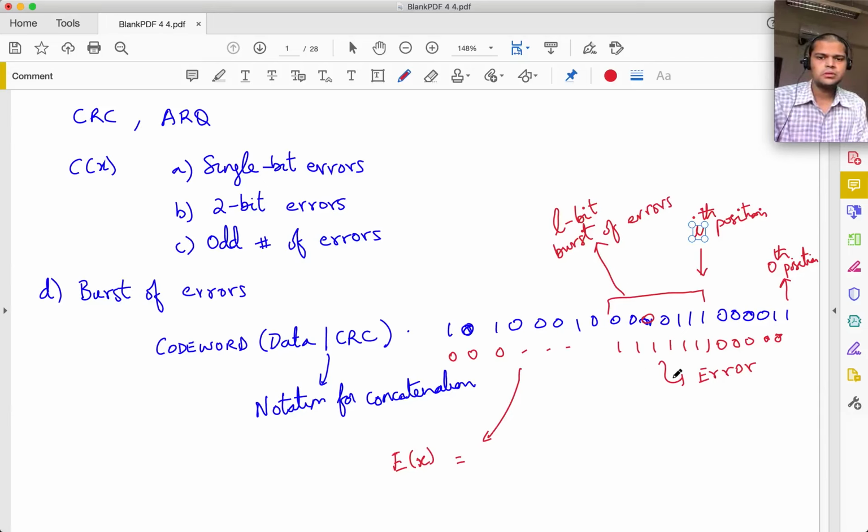So what would this look like? Well, of course, we'd have x to the power of I corresponding to this bit, plus x to the power of I plus 1 and so on. And there are L bits here, so we're going to end up with x to the power of I plus L minus 1.